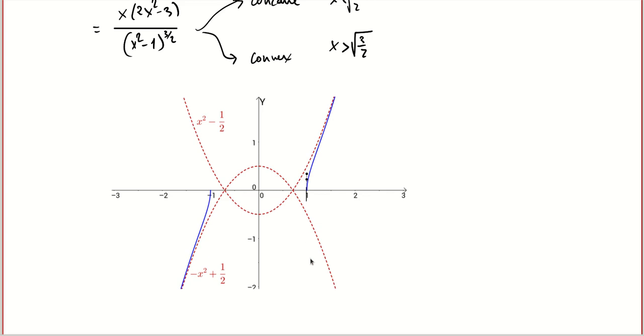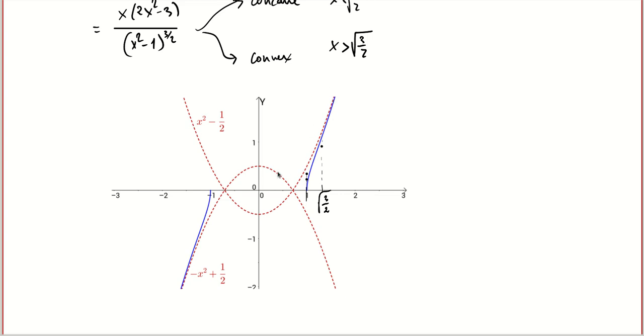And then the function increases all the time. It is initially concave, makes sense because you have to curve to that side, right? So it's concave, but then there's an inflection point around this point here. It must be square root of 3 halves, and then it becomes convex because it's getting closer and closer to this parabola.